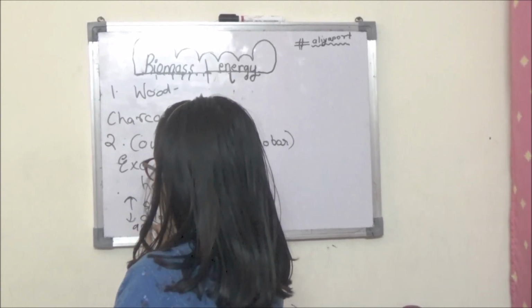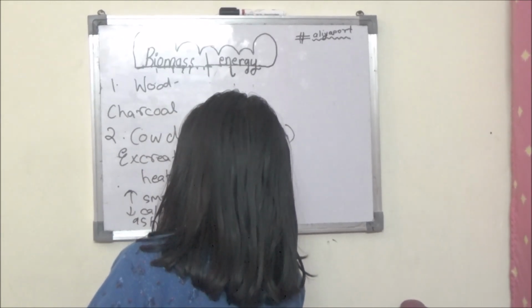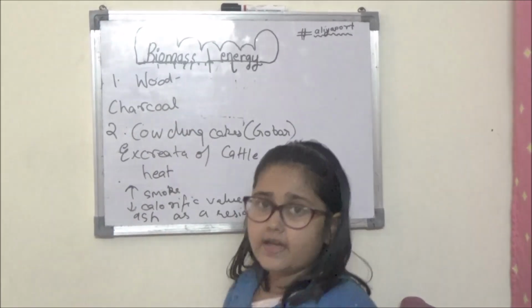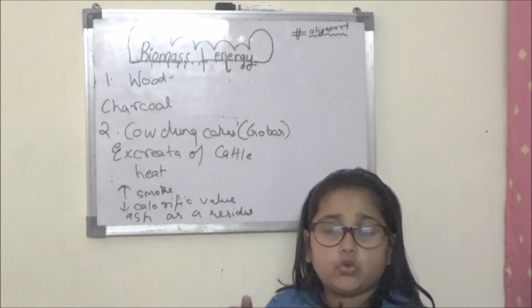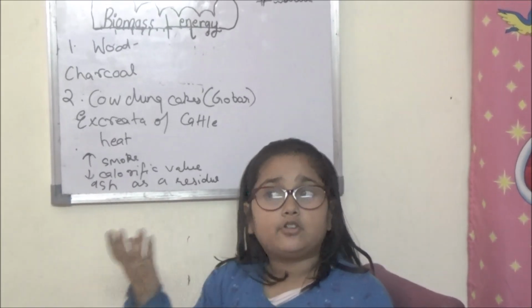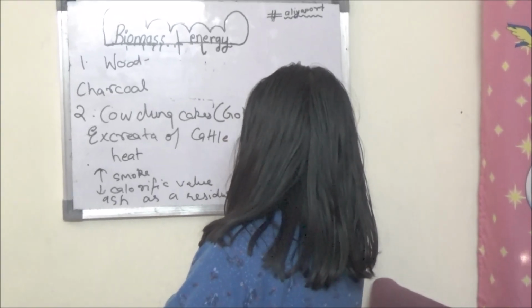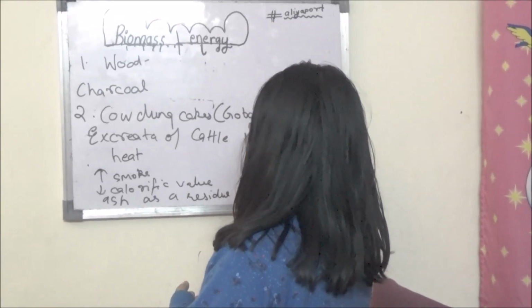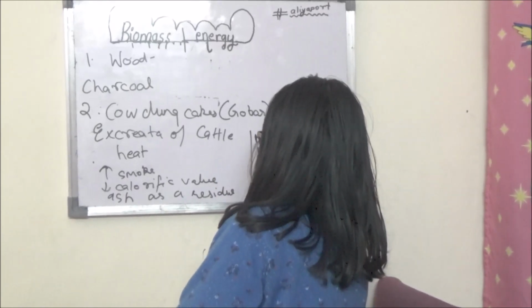It produces ash as a residue, and also, the cow dung cake is the excreta of cattle. In the excreta there are elements like nitrogen and phosphorus, which are lost when we burn the cow dung cakes.